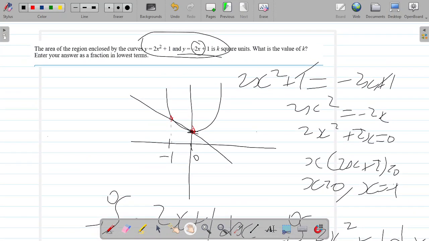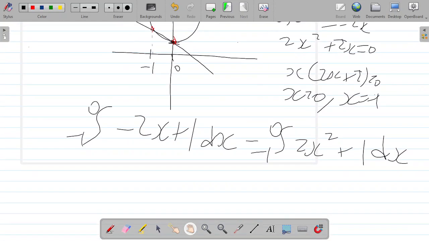So we do the line minus the curve because the line has a bigger area under the graph. See how it's above the curve? If it was below, then we would subtract it the other way.